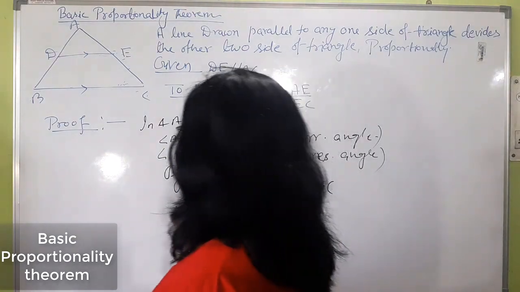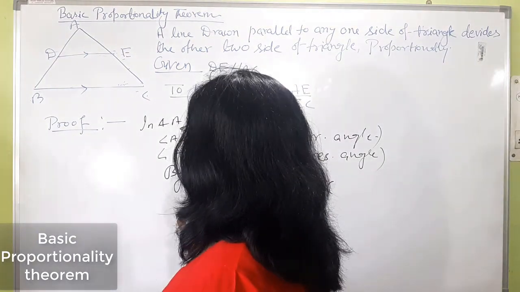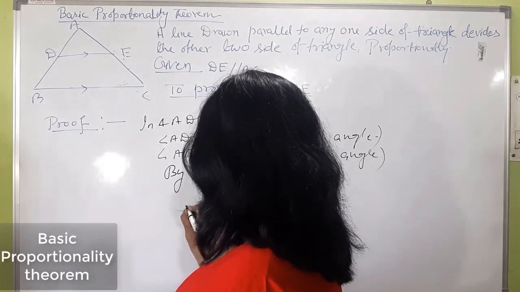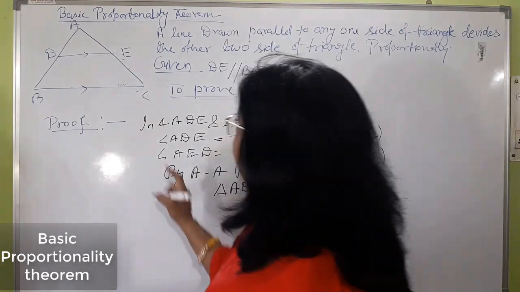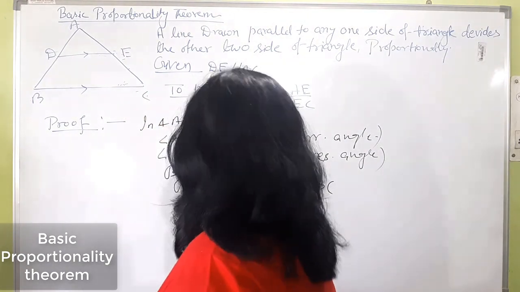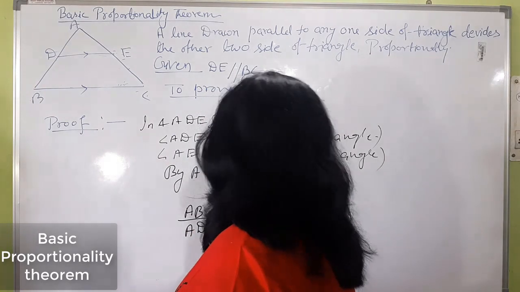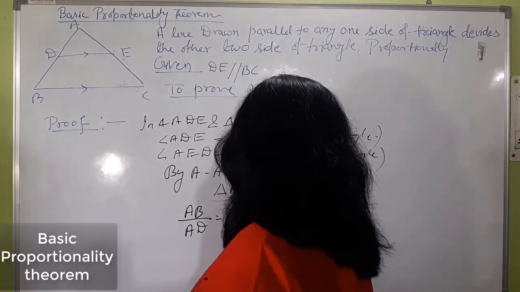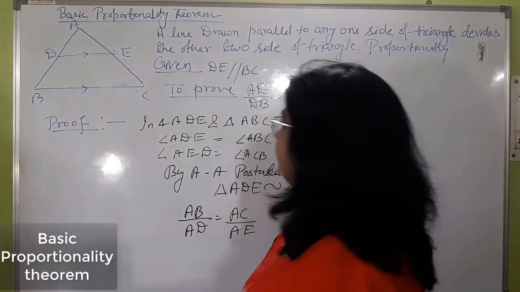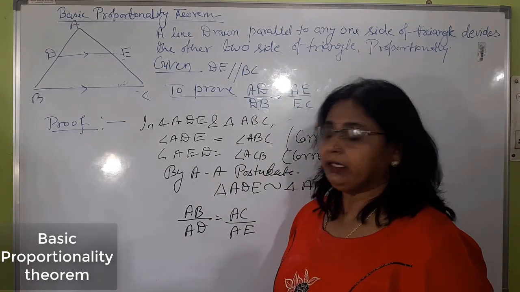That's why we can write here AB by AD is equal to AC by AE.